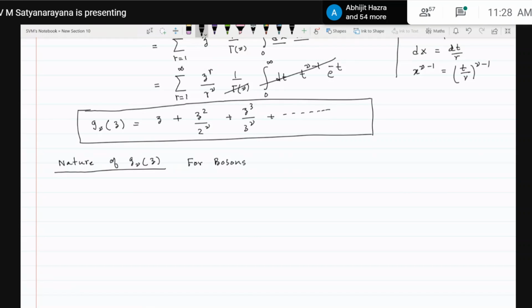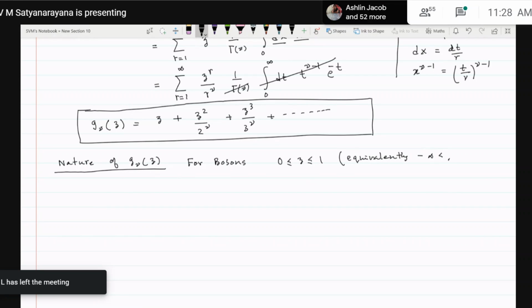So mu equal to 0 is the highest value of mu, which means the highest value of z is plus 1. So for bosons, remember that 0 is less than or equal to z is less than or equal to 1. Or equivalently, we have minus infinity less than mu less than or equal to 0. So this is the range of chemical potential and fugacity.